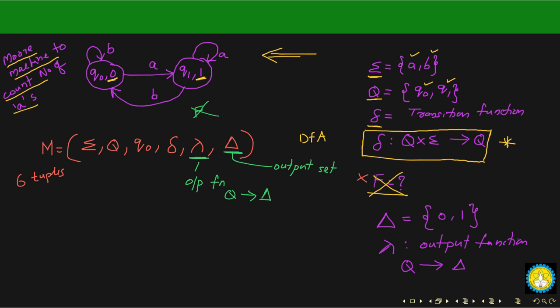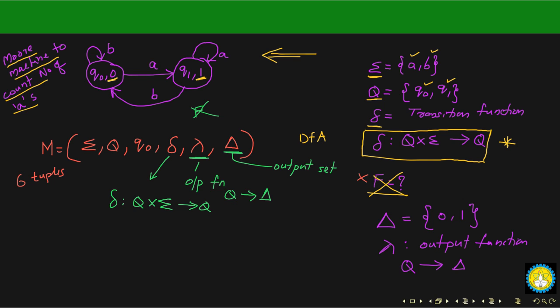Again, it is very important to remember that delta here is very similar to the DFA. I'm writing this a second time to emphasize it. Delta is defined from Q cross sigma to Q itself. The transition function is defined exactly as in the case of the DFA definition.